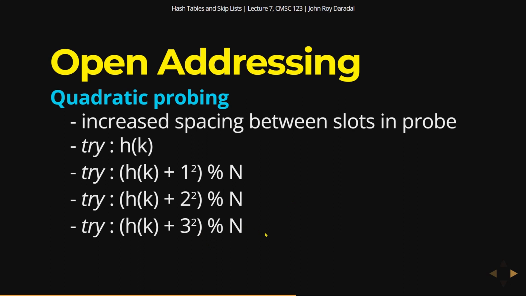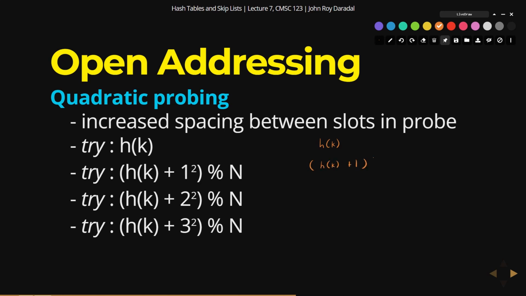Okay, so you'll notice that for linear probing, it was try first at h of k, and then after that, if not available, h of k plus 1, and then modulo n, because we need to check if it has already exceeded, and then if not, then we go to plus 2, the next one, and then if not, go to the next one, plus 3.